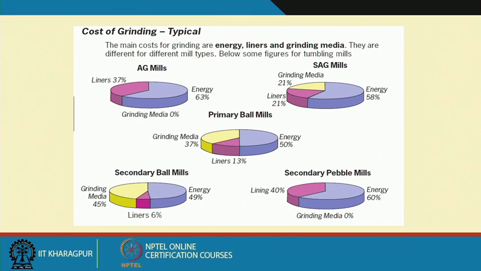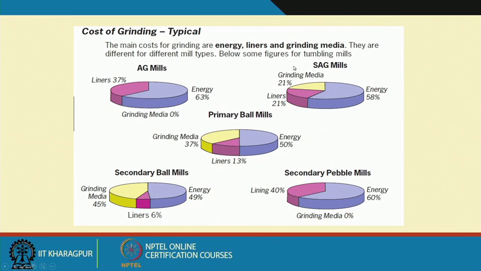So, the main costs for grinding are energy, then the liner wear, because you have to replace the liners after a certain time interval, and then the grinding media you have to replace. They are different for different mill types. That is, what will be the energy consumption, what will be the liner cost, what will be the grinding media cost, they are different for different mill types.